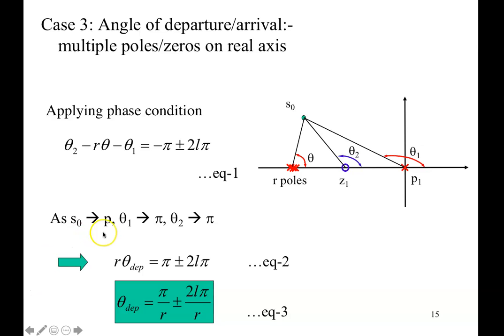So for example, in the diagram here, I have one open loop pole at the P1 point, one open loop zero at the Z1 point, and R number of open loop poles over here.